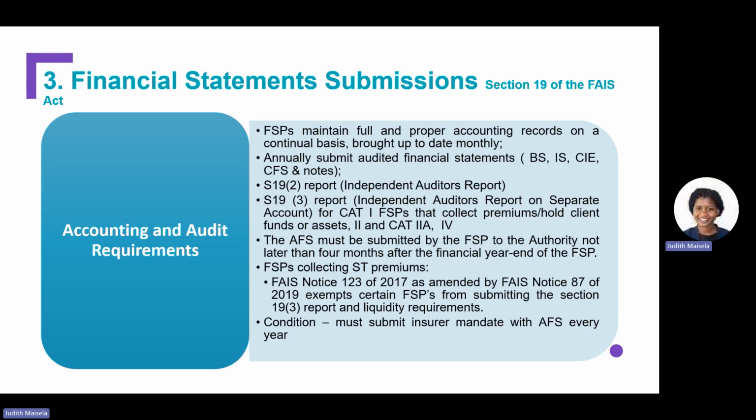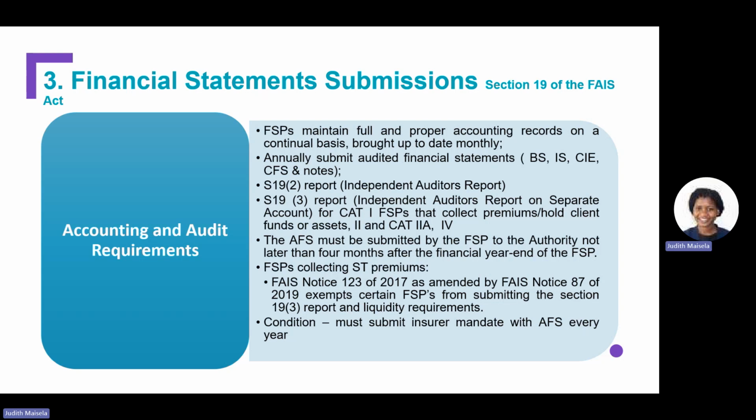FSPs that collect premiums or hold clients' funds or assets also need to provide a Section 19.3 report, which is referred to as an Independent Auditor's Report on a separate account. The audited financial statements must be submitted by the FSP to the authority not later than 4 months after the financial year end of the FSP.